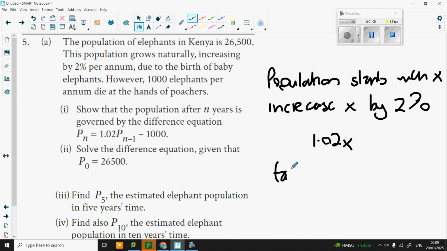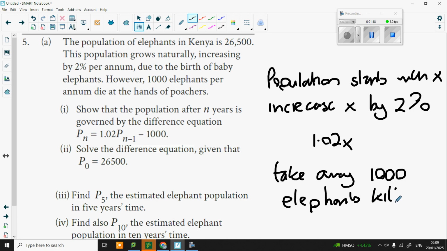And then take away 1,000 elephants killed, yeah? And what do we get then? Anybody tell me? 1.02x take away 1,000. And so your population is 1.02x take away 1,000.